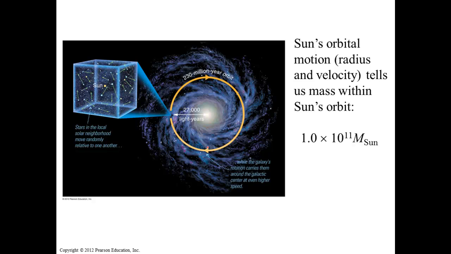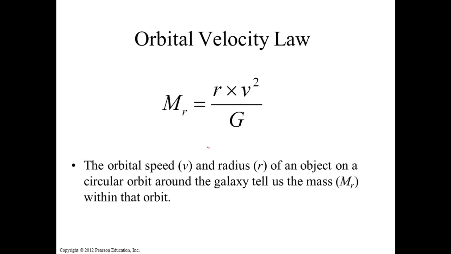Not all of that is visible. Some of that is dark matter, but it's mass. So what this says is we can get to the mass that is inside an orbit, such as the sun's, if we know our distance, in this case to the center of the Milky Way, and how fast we're going.